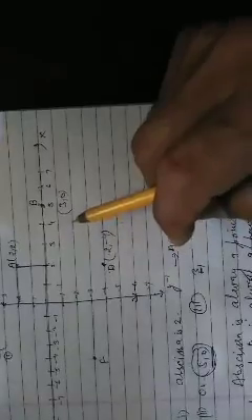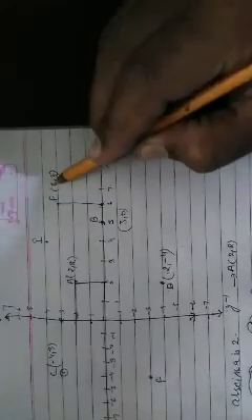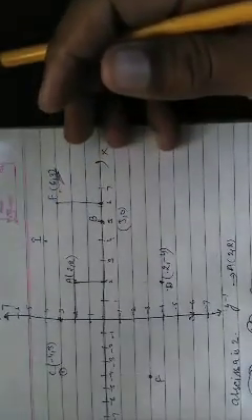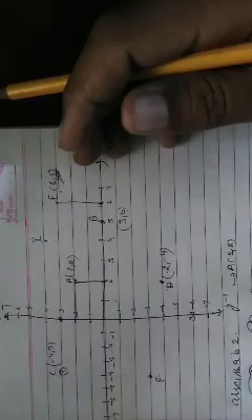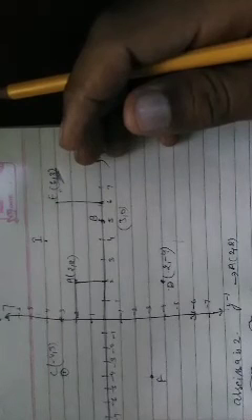Third part: the ordinate is 3. Where is the ordinate 3? It is the distance of a point from the x-axis, which is 3.